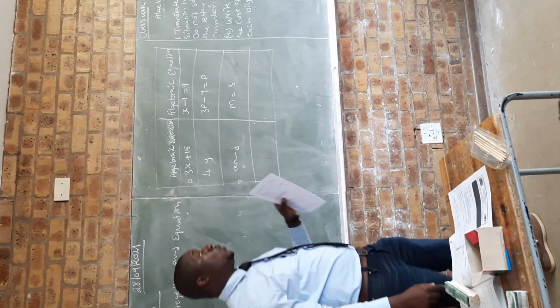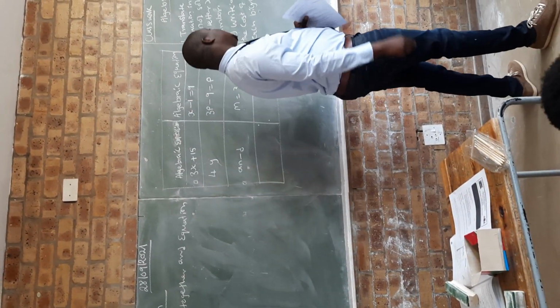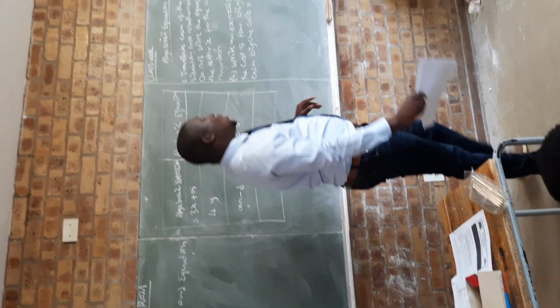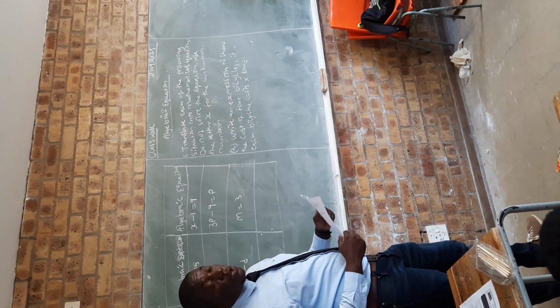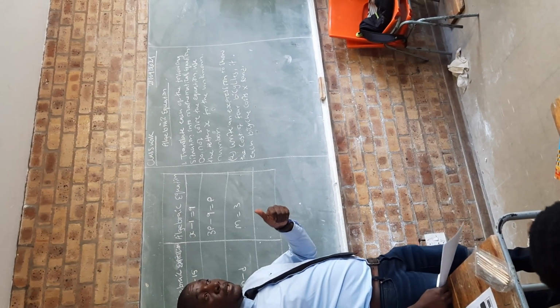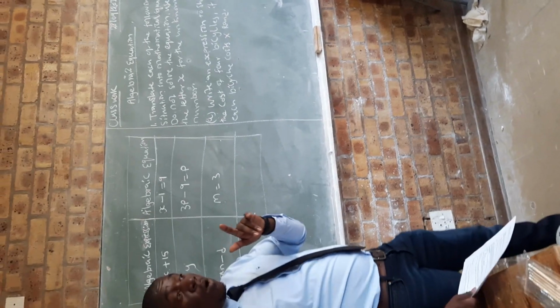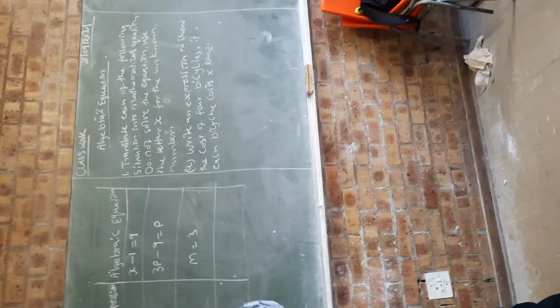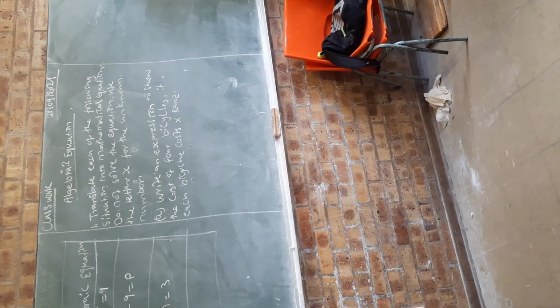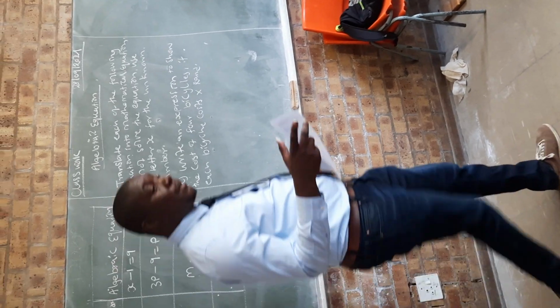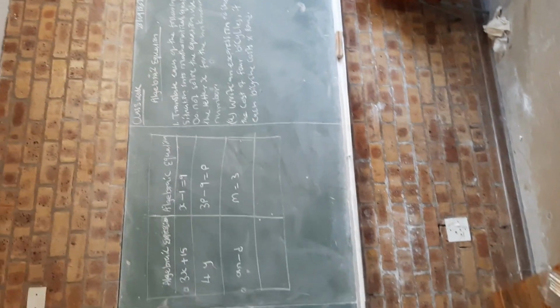The question says, write an expression to show the cost of 4 bicycles if each bicycle costs x rand. We don't know how much a single bicycle costs, but we have been told that one bicycle costs x rand. Because we don't know the actual price, it is going to be x.